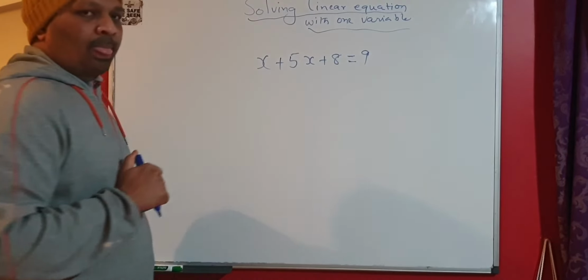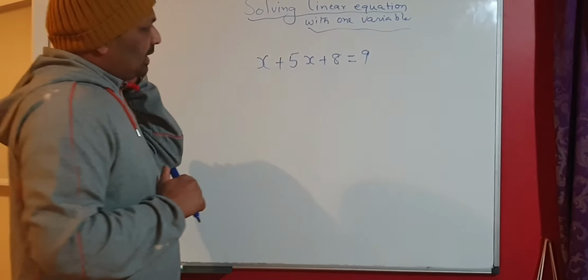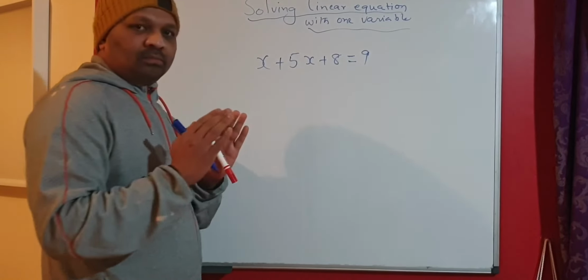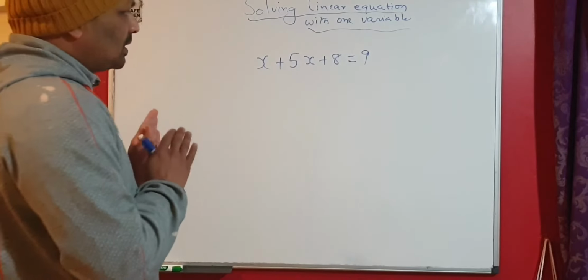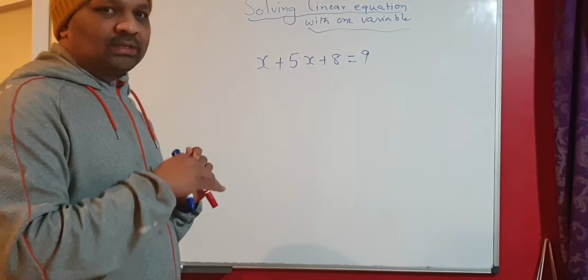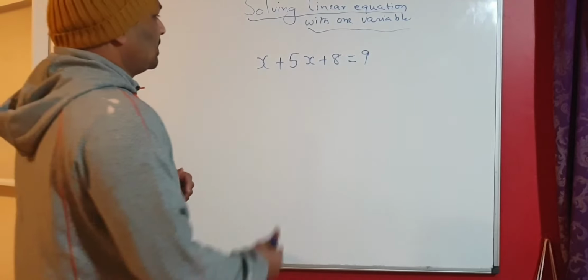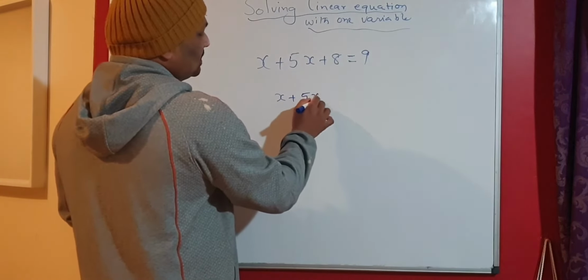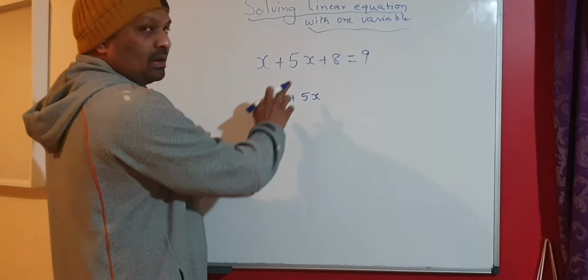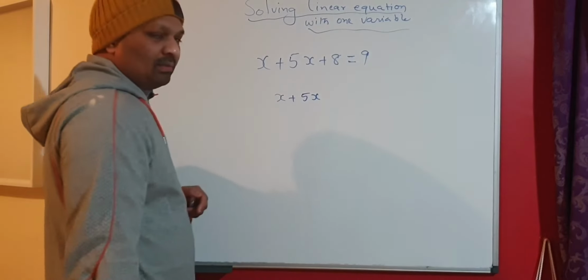We can do that. Okay, so how do we do that? Again, you try to bring all the terms that are having variables in it to the one side and all the terms that are having constants in it to the other side. So in this case, we have x plus 5x as the terms. x is the term that is having a variable and 5x is another term that is having a variable in it.